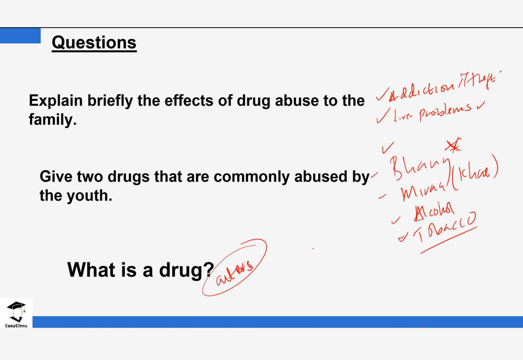It doesn't necessarily have to be these drugs that are being abused, but also even medication. If you take an overdose or underdose, it's going to alter the normal functioning of the body. So anything that alters, it can be natural or artificial, and it affects the normal functioning of the body.